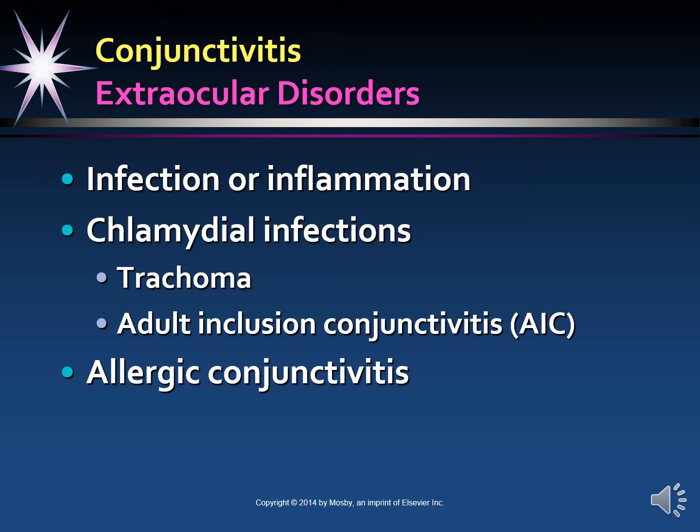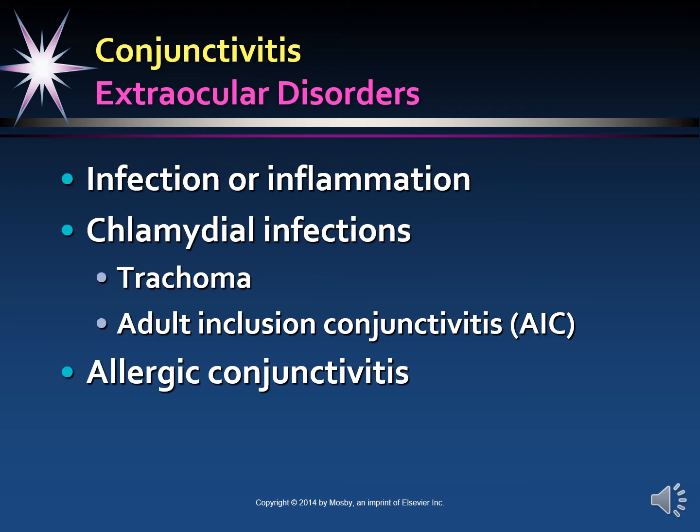Viral conjunctivitis, it really just has to run its course. And again, they usually don't test for sure to find out if it's bacterial or viral. They would just go ahead and treat, but the viral will resolve on its own. Trachoma is actually a leading cause of blindness in other countries.